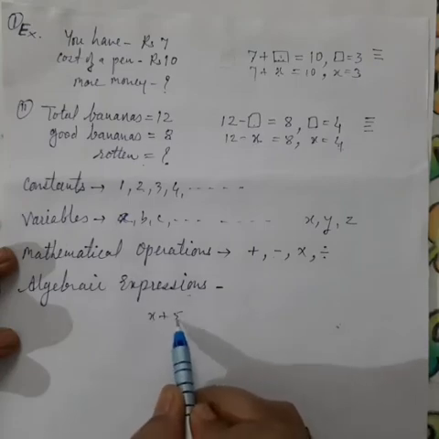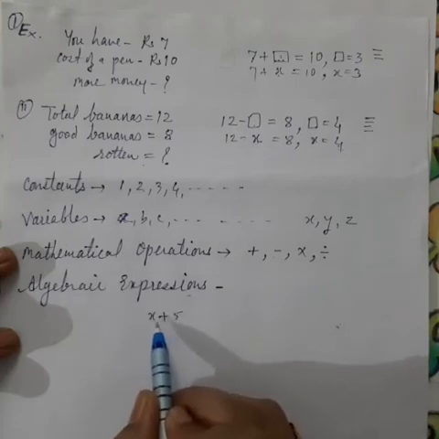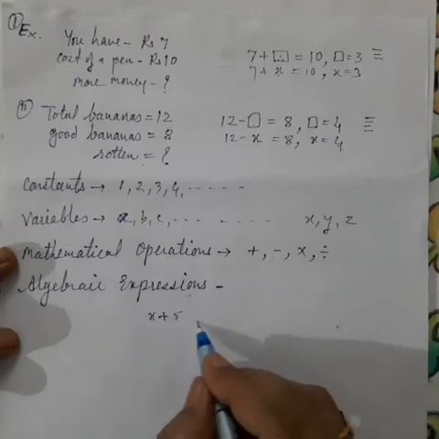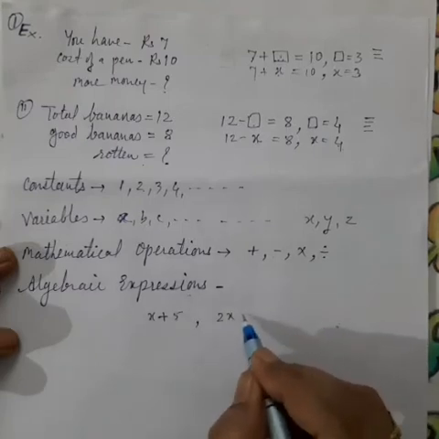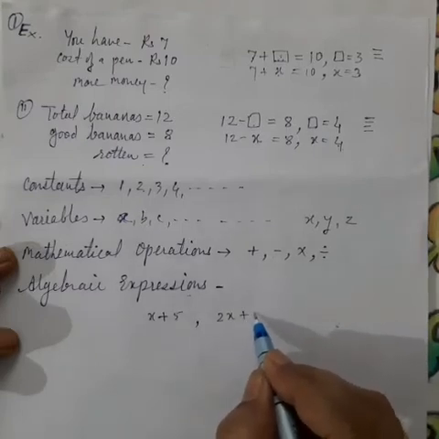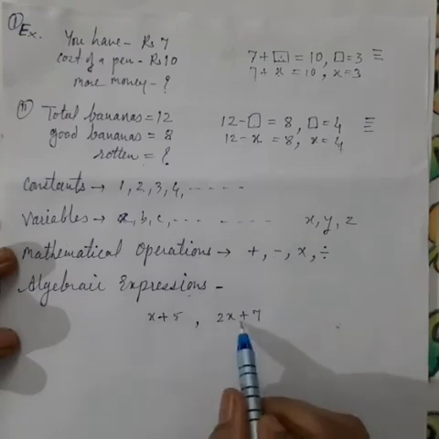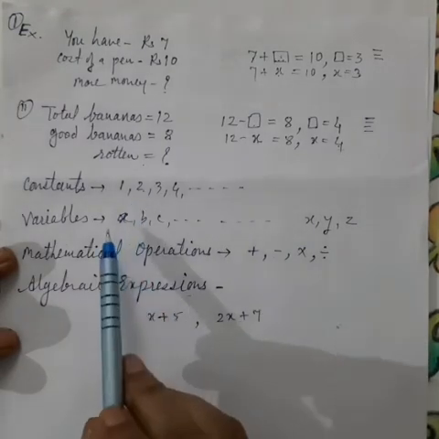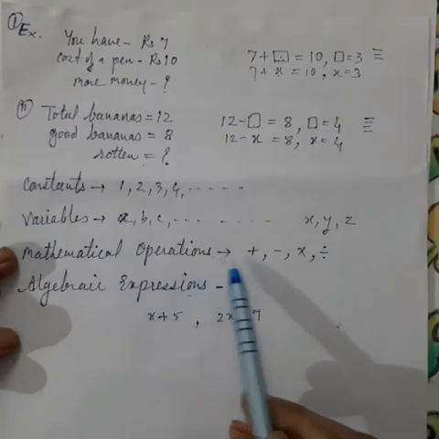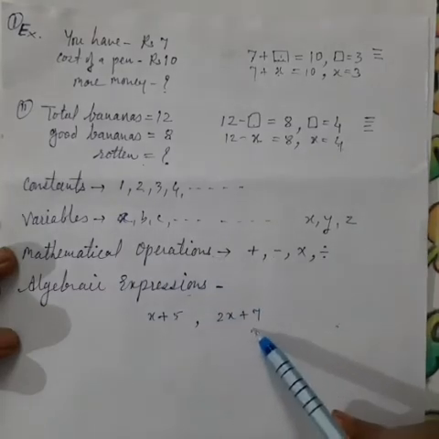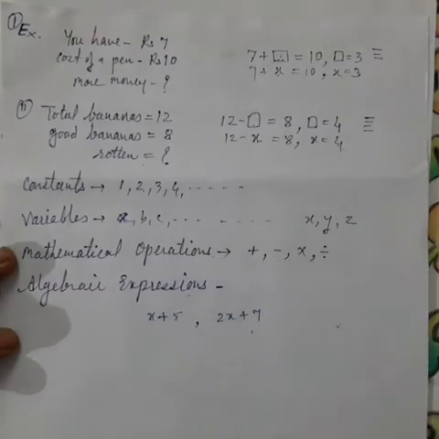Here 5 is a constant, plus is a mathematical operation and x is a variable. You can make different algebraic expressions.